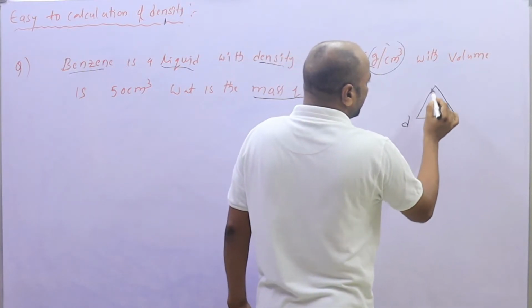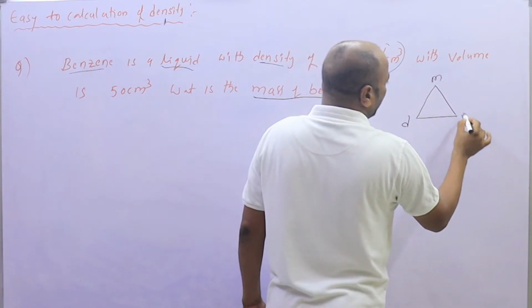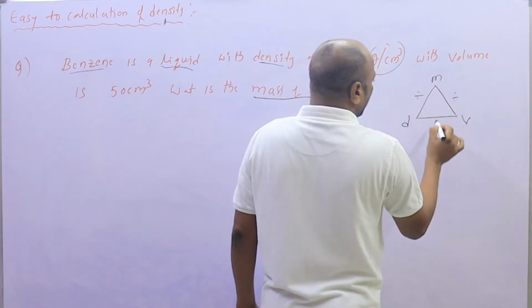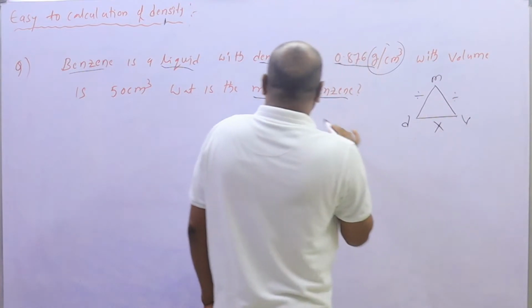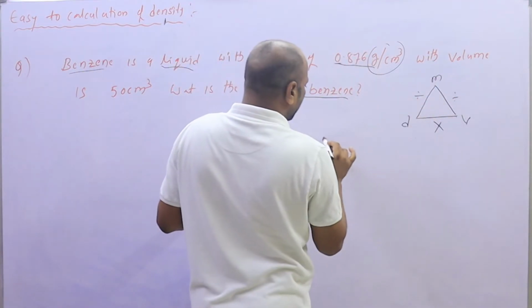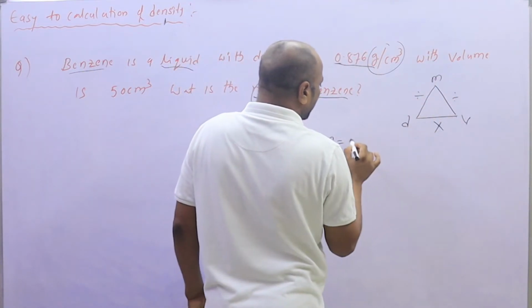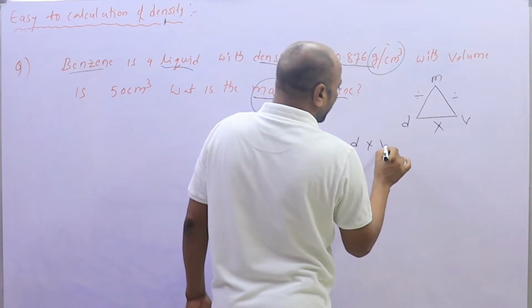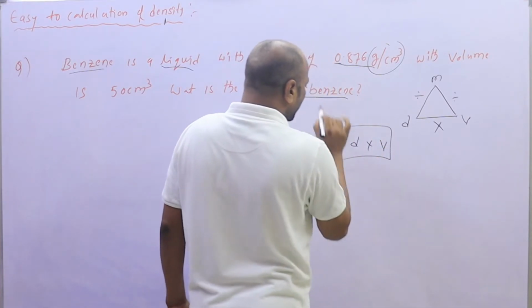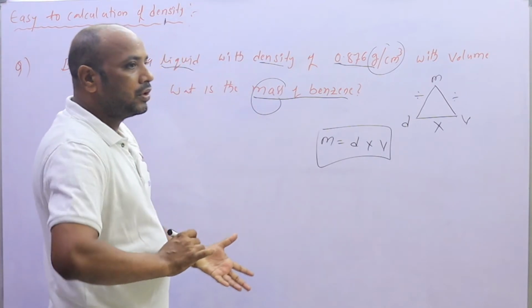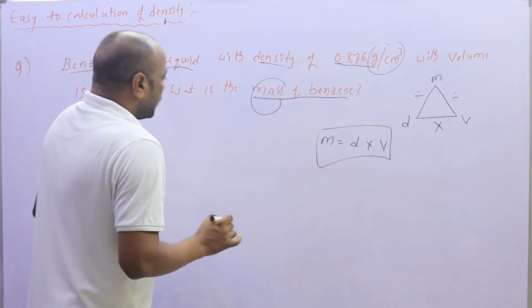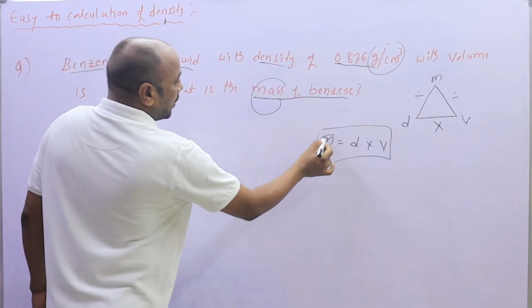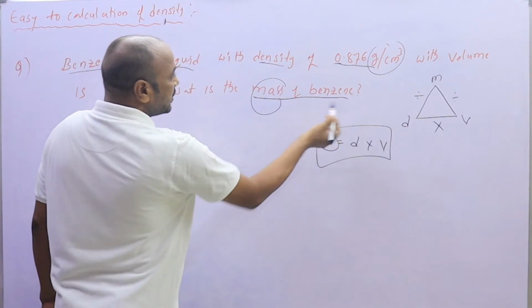Using density, mass and volume, mass is equal to density into volume. Using this formula we find mass.